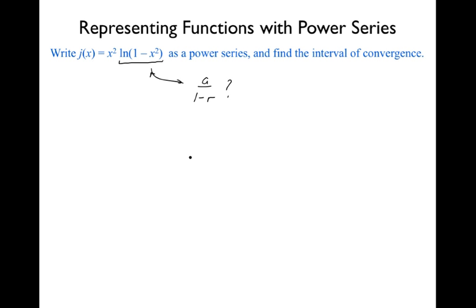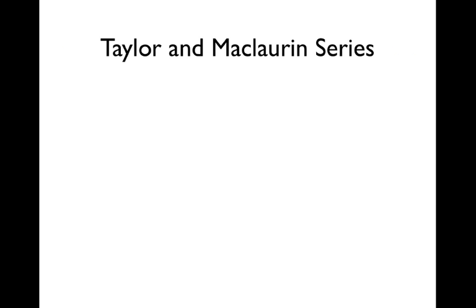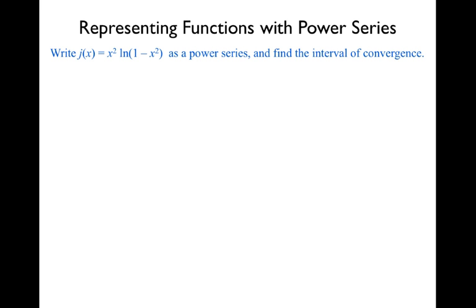Anybody see it? All right, so you're saying the derivative of what? Notice, what is the derivative of natural log of 1 minus x squared? It is 1 over 1 minus x squared times negative 2x.